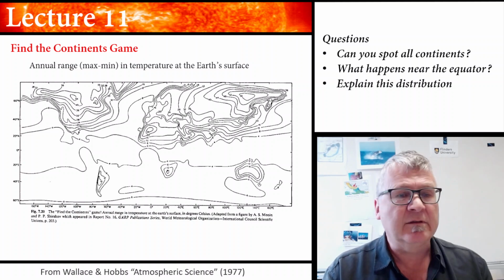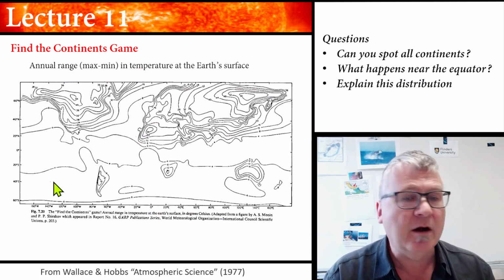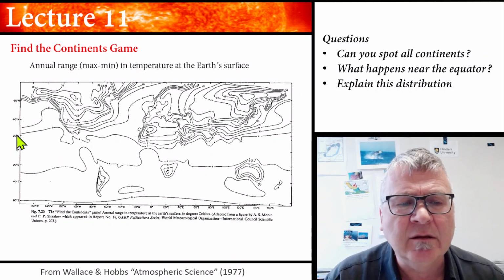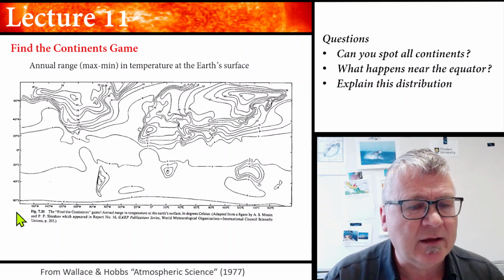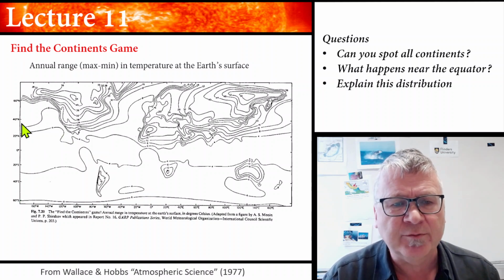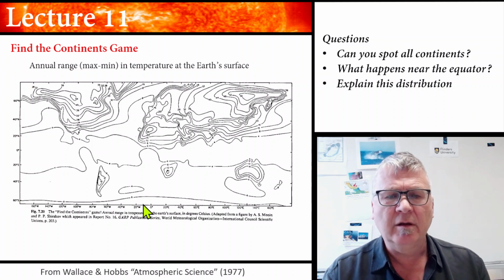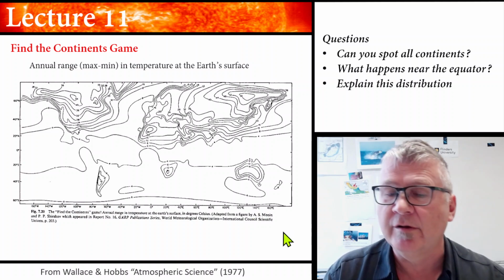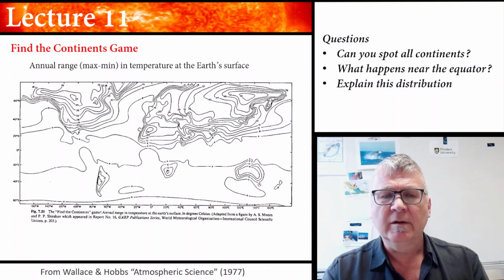And this is done for the entire globe. Let's activate the mouse, and you can see that you have latitude shown here. From north to south, you essentially go from the North Pole to the South Pole, and also all around Earth. So can you spot all continents? Where's Australia in this map?